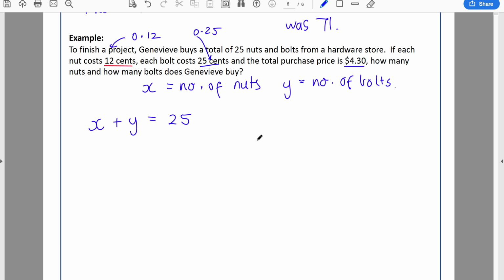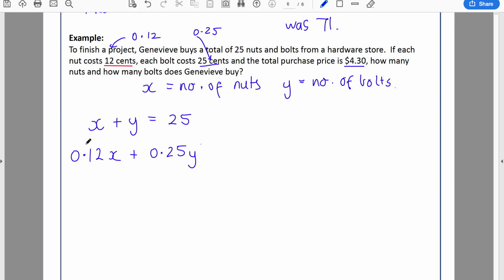So what this means is if we want to make a rule that's got the total that she has spent using the number of nuts and the number of bolts, I would take the price of the nuts, multiply it by how many she bought, and add that to the price of the bolts, which was 0.25, multiplied by how much she bought.